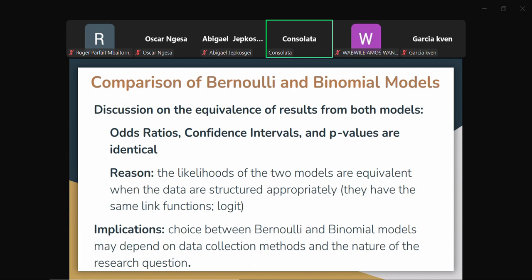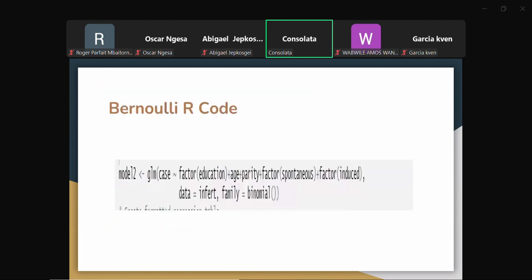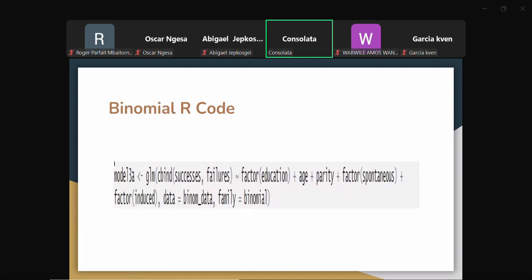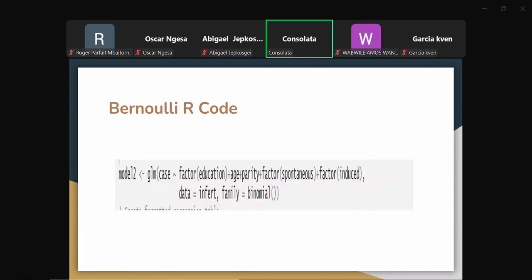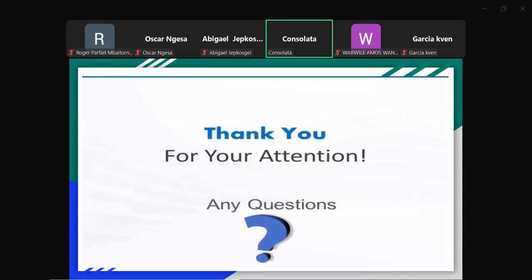So that's the main difference, or the criteria to use when you're selecting between Bernoulli and binomial models. And then these are the R codes for Bernoulli, and then for binomial. Their structure is a bit different. Okay, that's all.